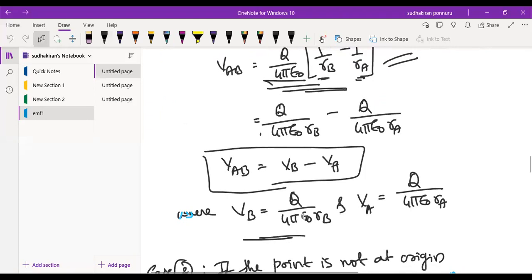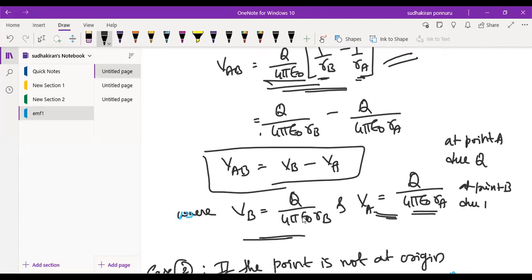See here, V_A and V_B. V_A is nothing but the potential at point A due to Q, and the formula we have given is V_A equal to Q divided by 4 pi epsilon naught r_A. Similarly at point B, due to Q, we have this expression: V_B equal to Q divided by 4 pi epsilon naught r_B.